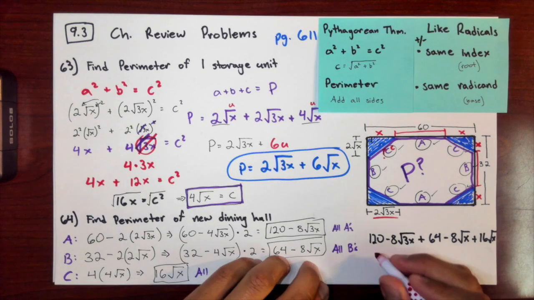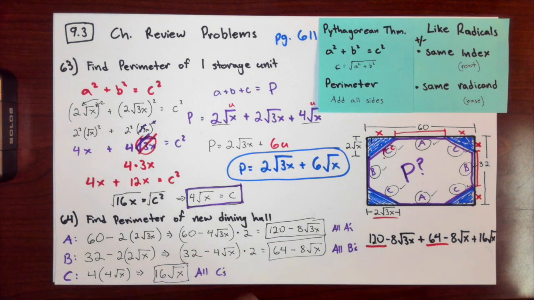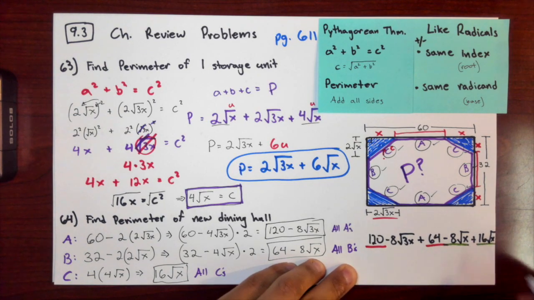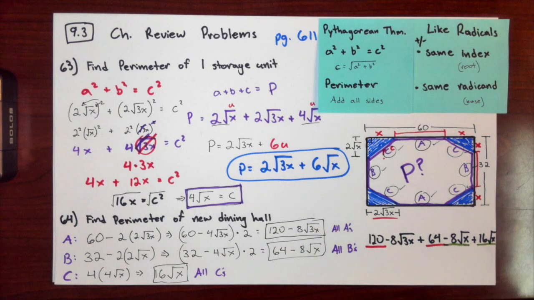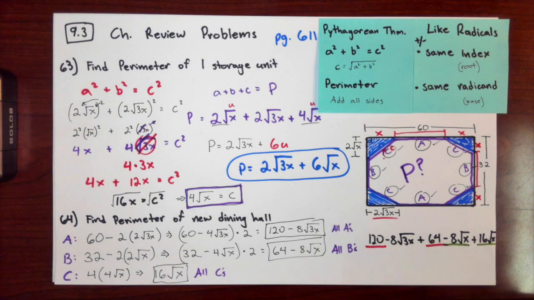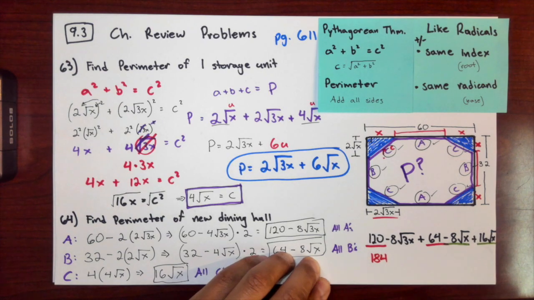Let's underline what our like radicals are. So first of all, we have the coefficients that are the same, 120 plus 64, that's one thing, right? And then we also have this negative 8 square root of x and 16 square root of x. We cannot combine this one with anything because it does not have the same radicand. Okay, it doesn't have the same base with anything else. So let's combine those two. 120 plus 64 is going to be 184.